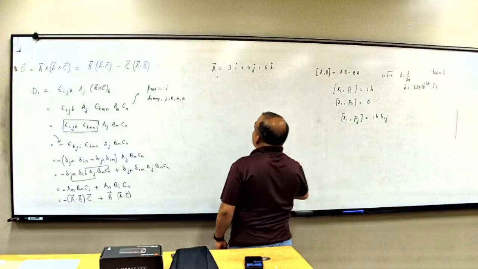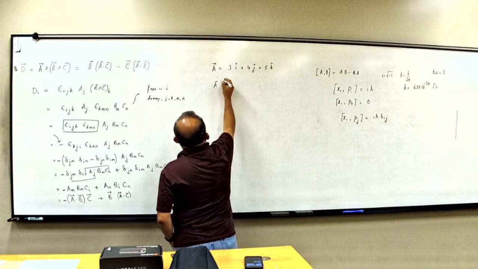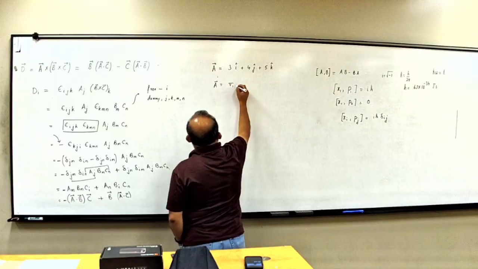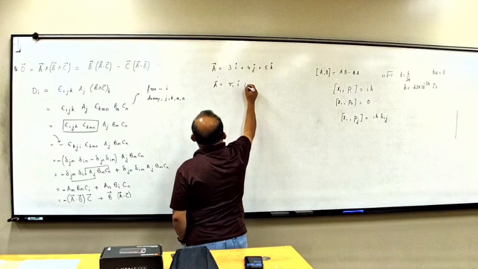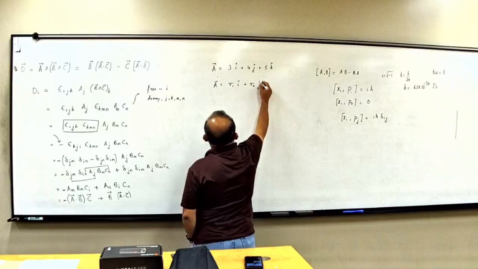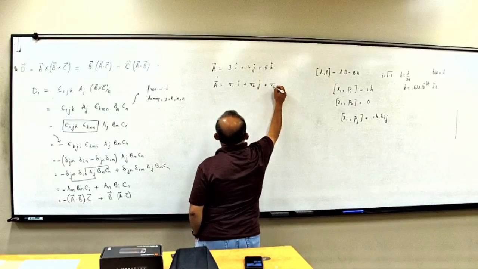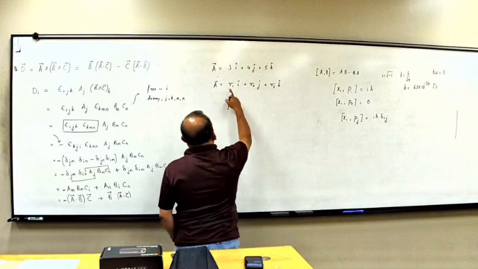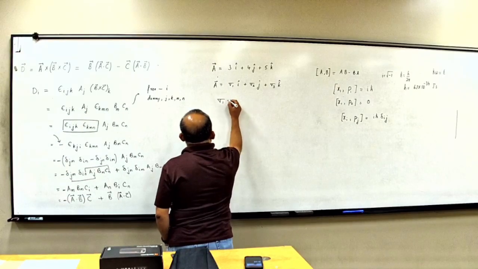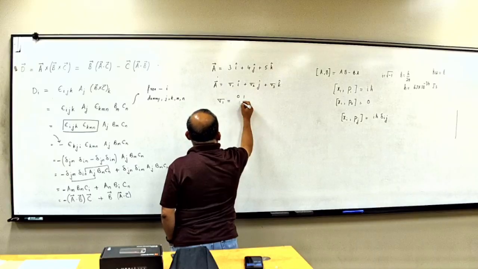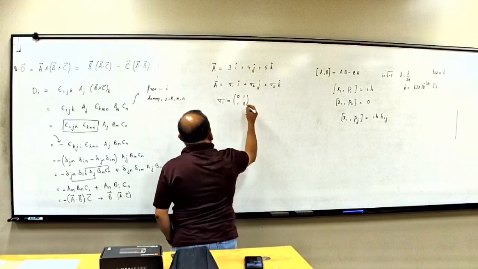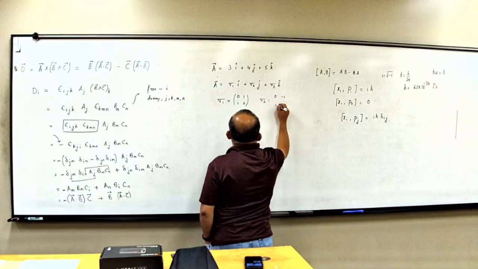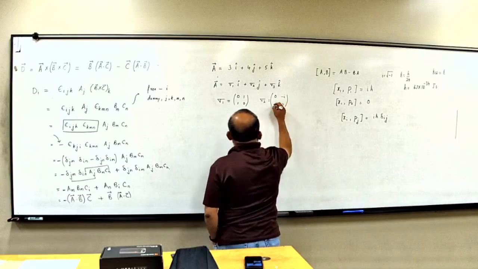If you have a vector, a number of course does not satisfy that. Let's have a vector of this kind: sigma 1 times i hat plus sigma 2 times j hat plus sigma 3 times k hat. And sigma 1, sigma 2, sigma 3 are not numbers; they are going to be matrices. These are called the Pauli matrices. Just as an example, but it could be any matrices.